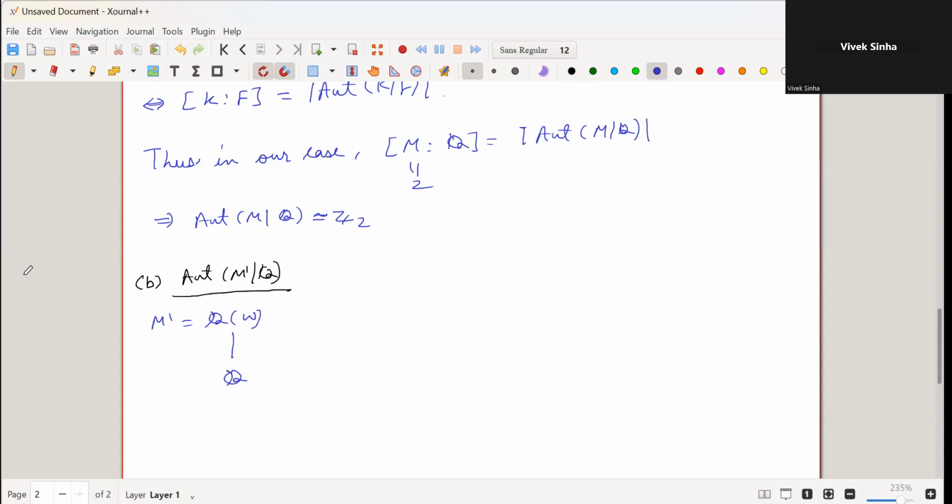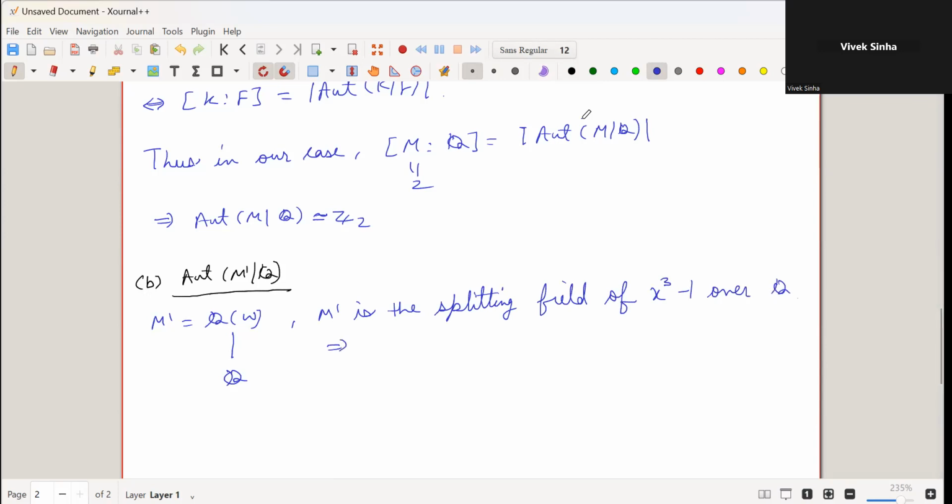Now M dash is the splitting field of x cube minus 1 over Q, right?